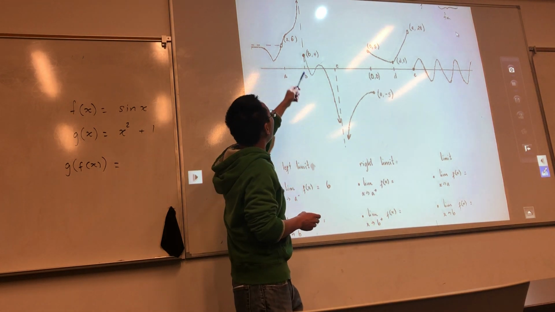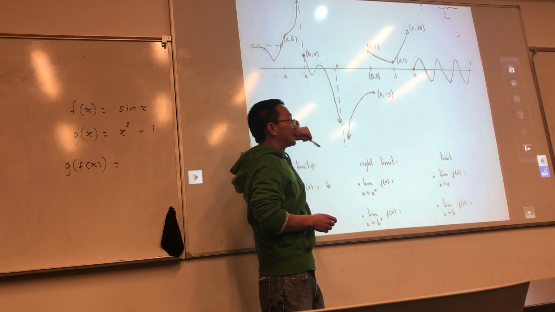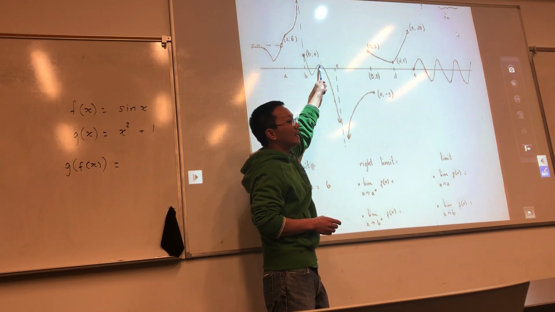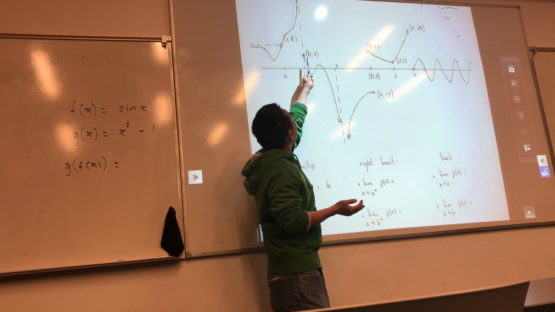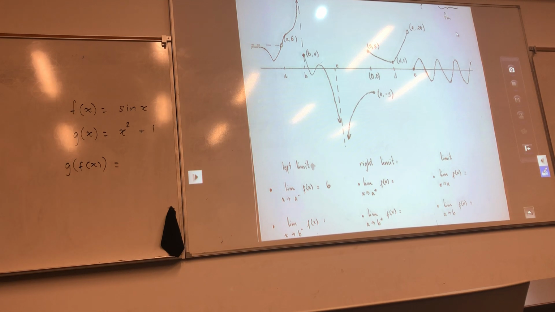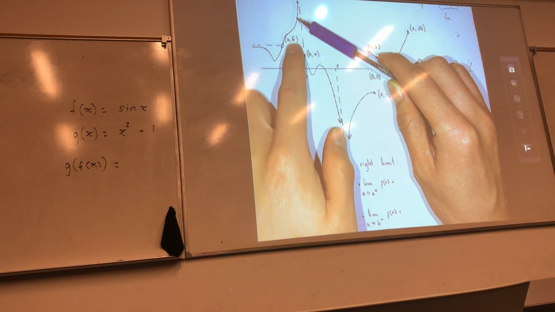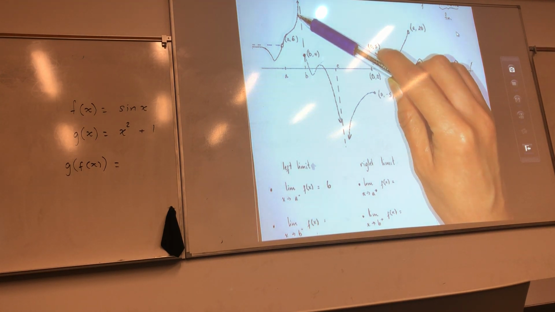You could get on the graph near A, but that defeats the purpose, so we may as well get on the graph farther right, so we don't have to worry about this line right here.